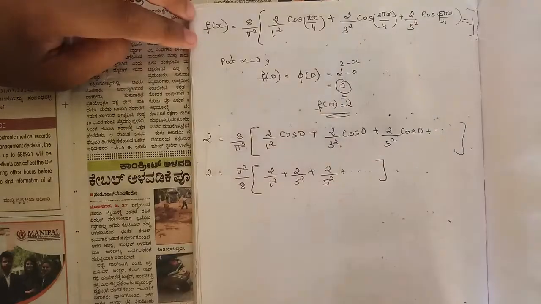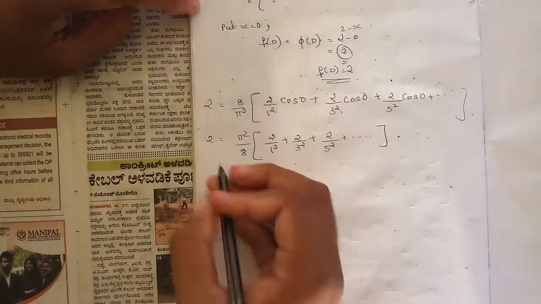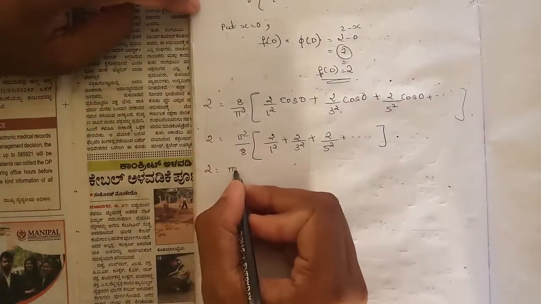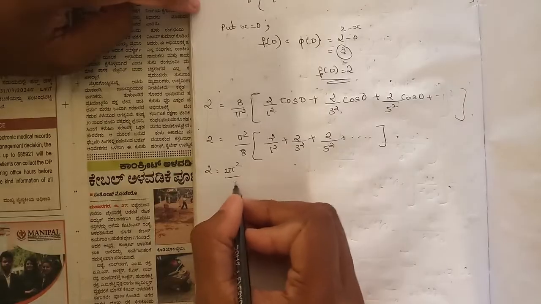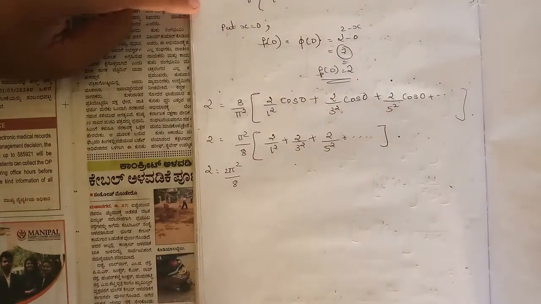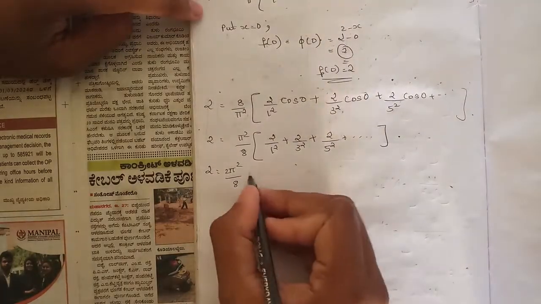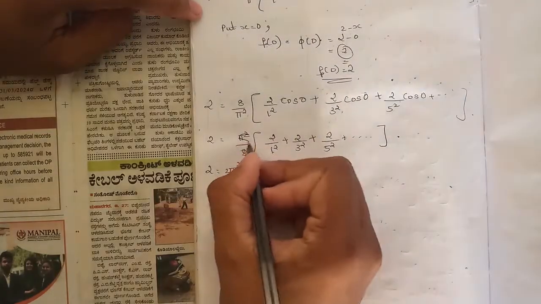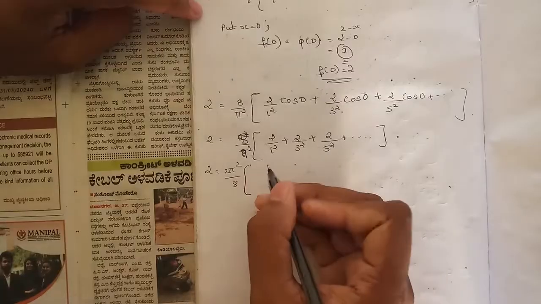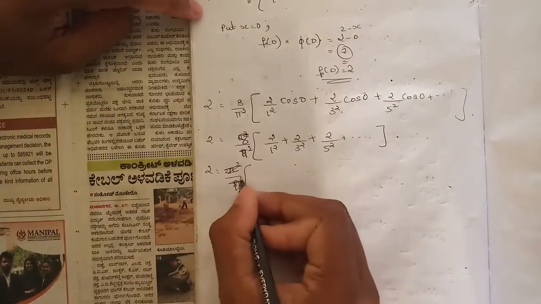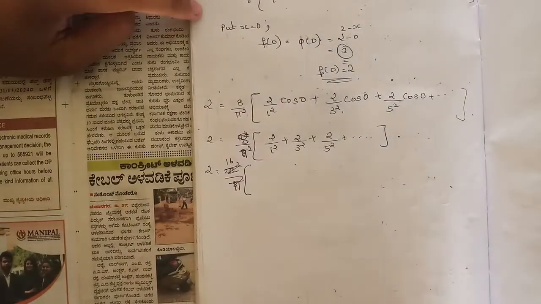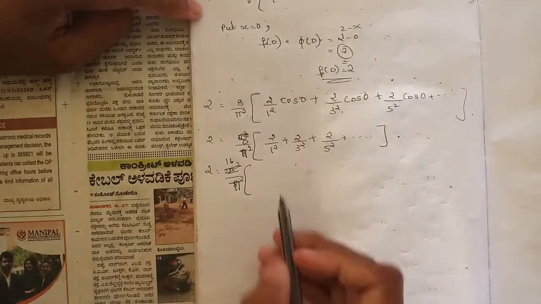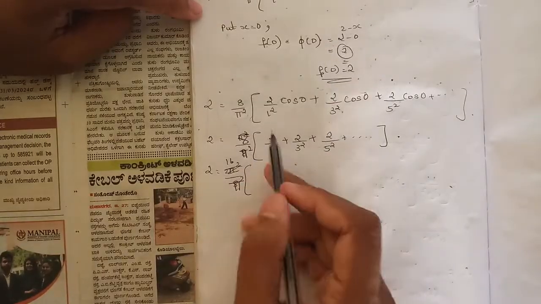Now the 2 term is repeated here, take that outside. This is 8 by pi square. 8 2s are 16, so this becomes 16 by pi square.